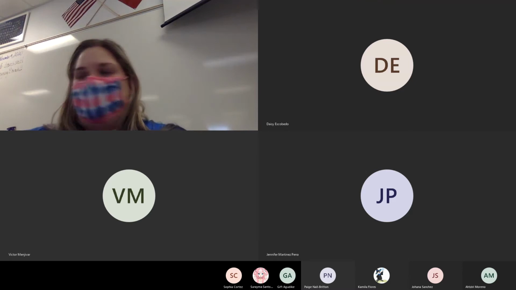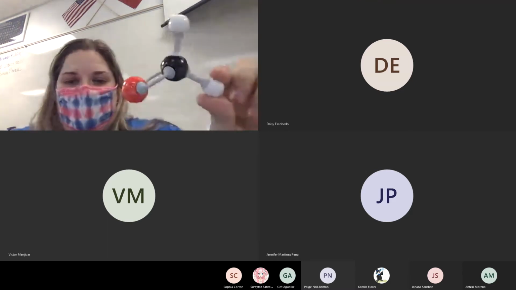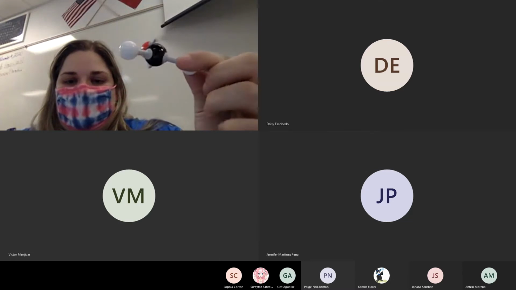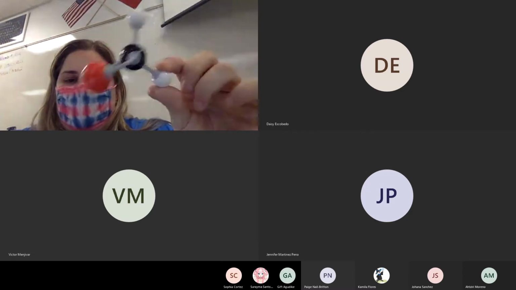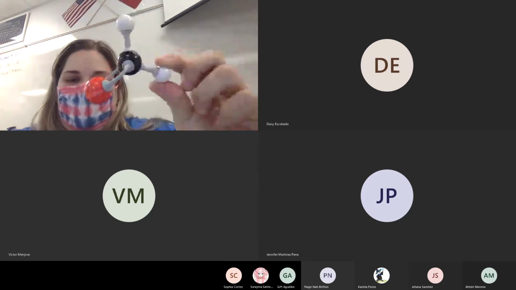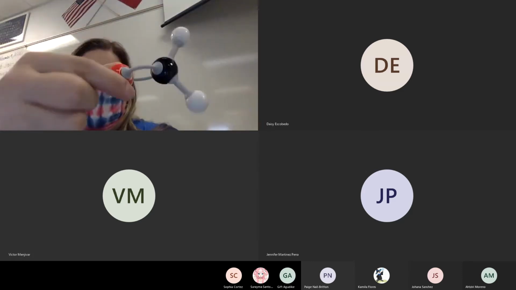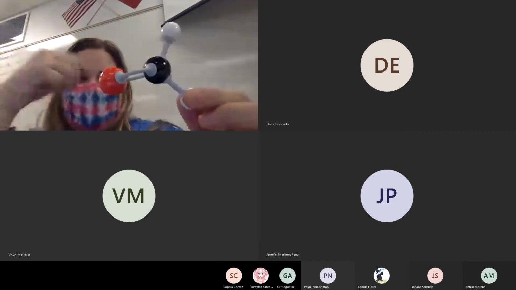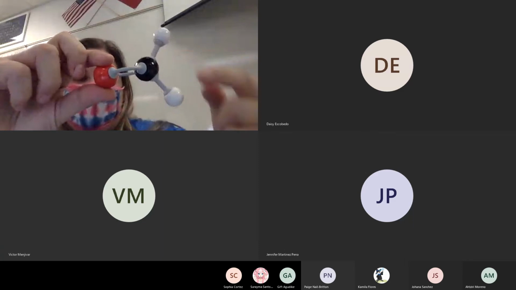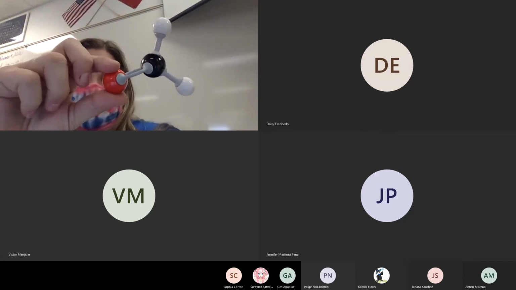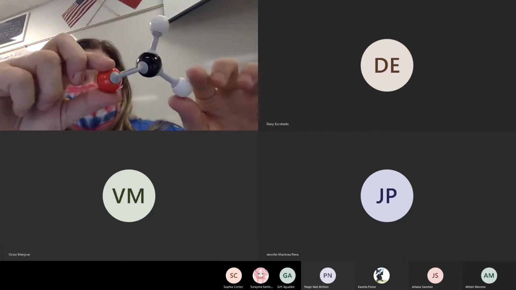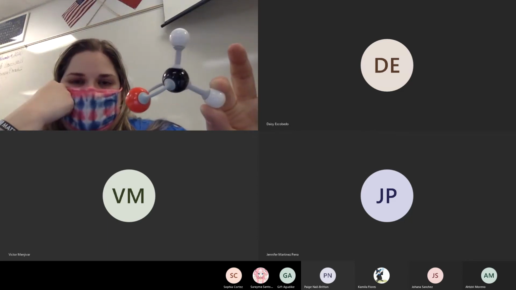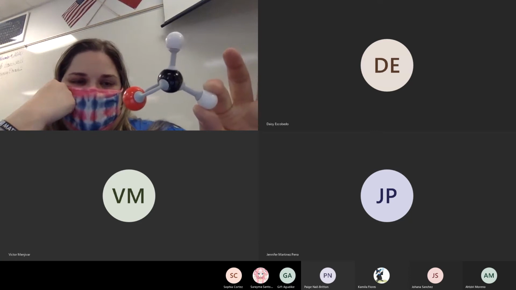All right, what about this one? Let me turn it so you can see all the different areas. First off, where's the central atom here? Which color is it? Okay, the black one is the central atom. So how many atoms are bonded to it? Let's see, somebody from home.